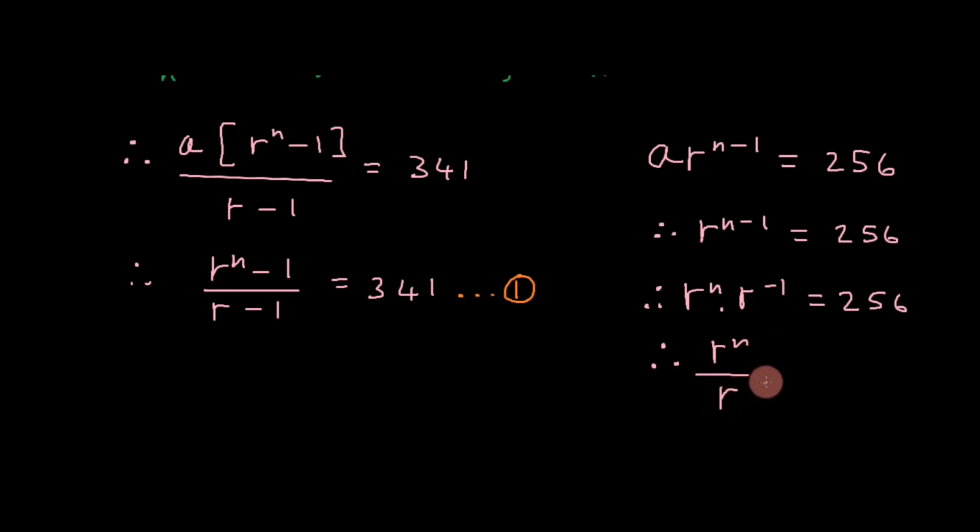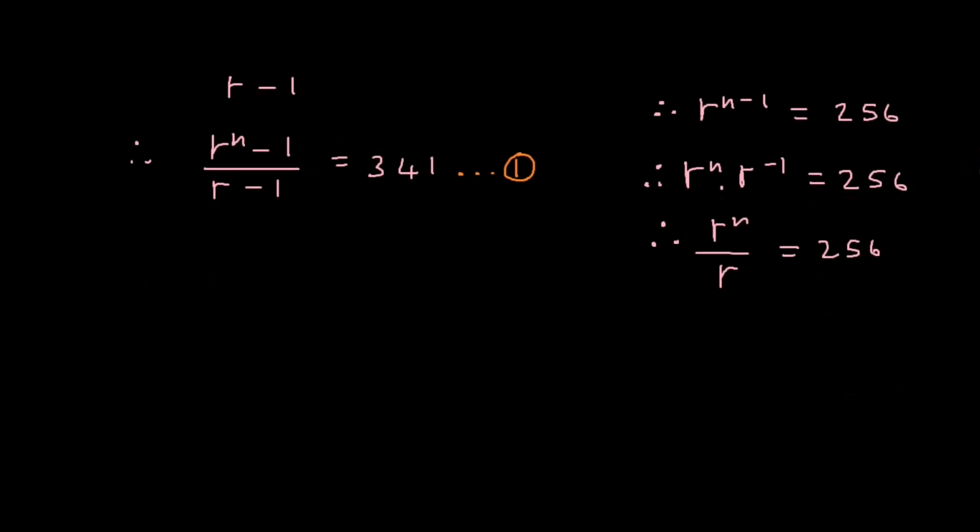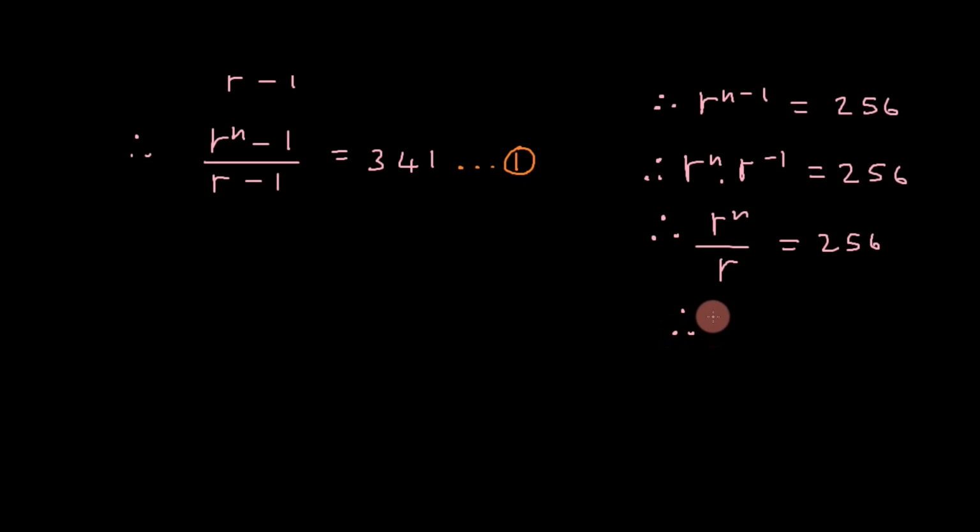So it's r to the positive 1. This is 256. And now I can get r to the n in terms of r. Multiplying both sides of this equation by r, we see that r to the n is 256 times r. This I'm going to call equation 2.